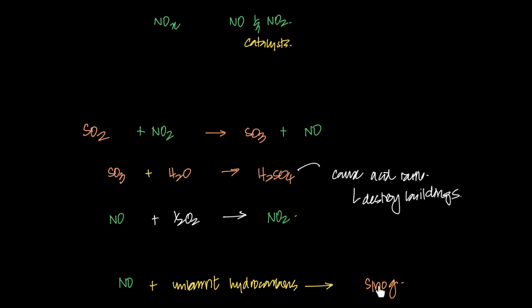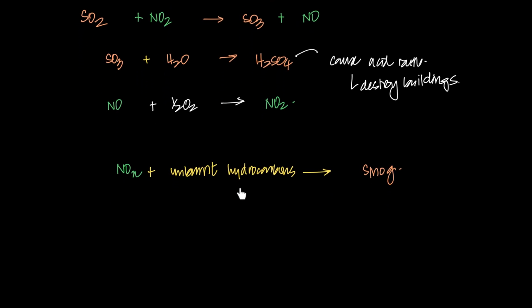Nitrogen oxides could be both NO or NO2, reacting with unburned hydrocarbons. They form molecules called PAN, peroxyacyl nitrates, which you don't need to know the formula for. They're the ones that cause photochemical smog.